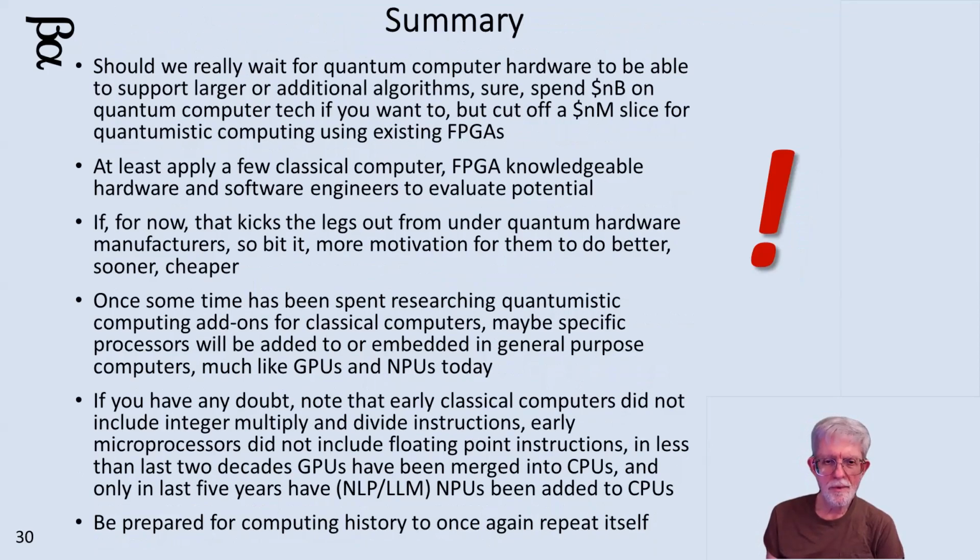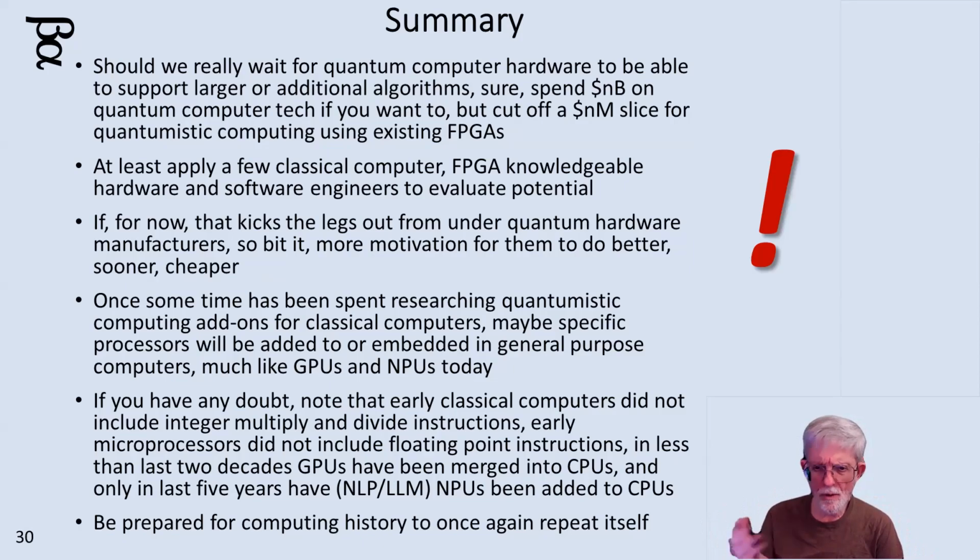So in summary, should we really wait for quantum computer hardware to support bigger and more additional algorithms? Sure, go ahead and spend the billions. Do that if you really want to, but could you cut off a little slice of a few million to just look at doing quantumistic computing using gate arrays? Off-the-shelf gate arrays, just to demonstrate that it's something that's meaningful for certain applications.